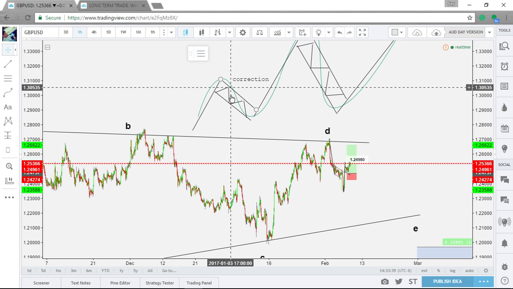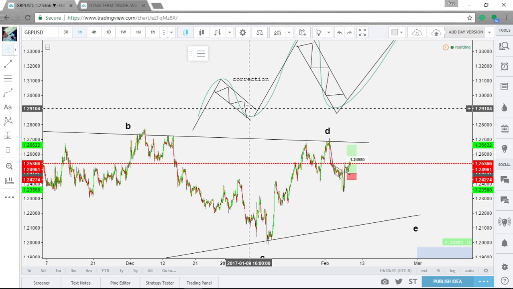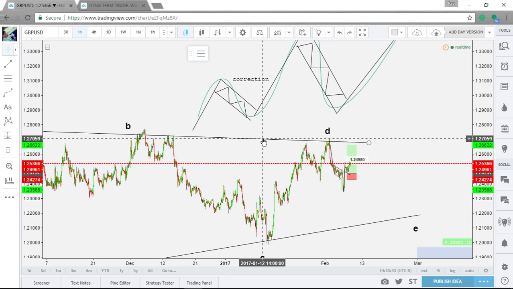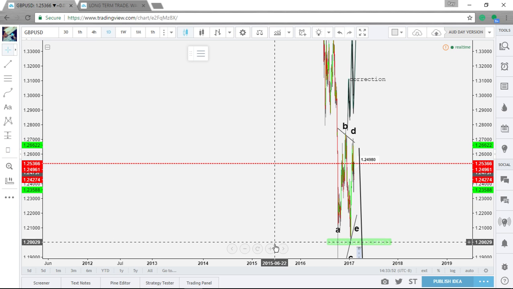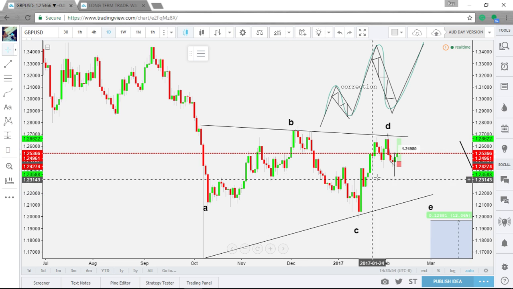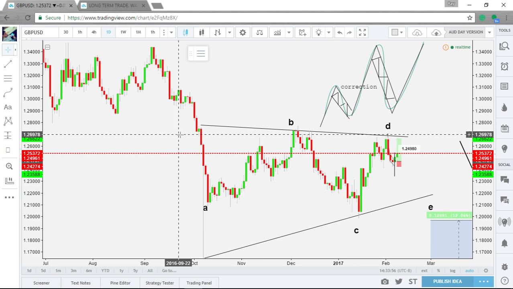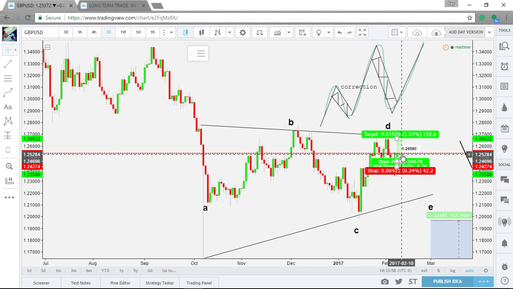This is the area of corrections, so these are what we call the Elliott wave zones. Now remember, the market has very different time frames. So if you take a look at a daily chart, it does look a little different. Look at that. Now it looks a lot different than this area, right?